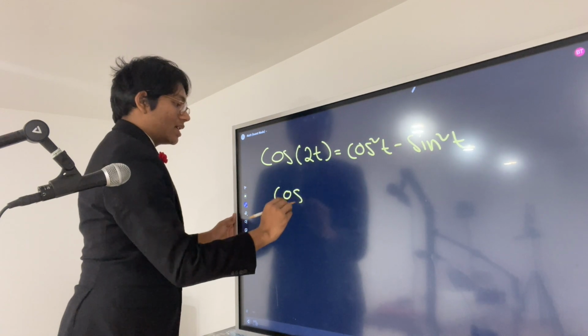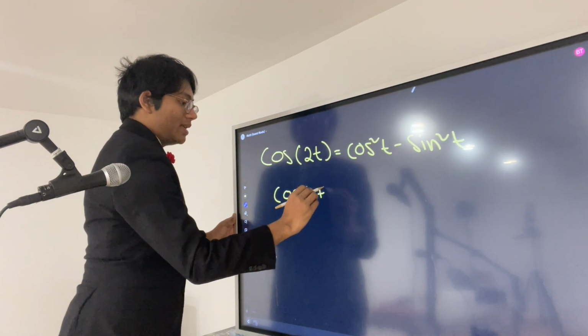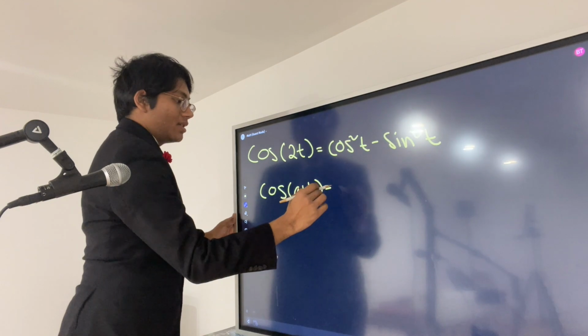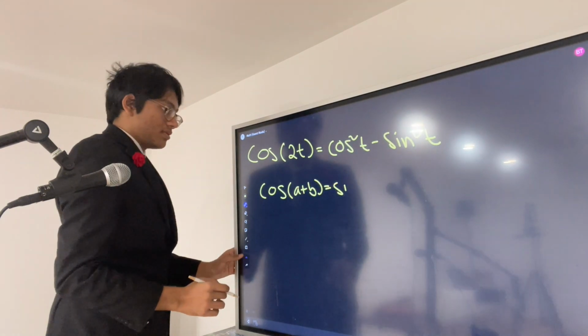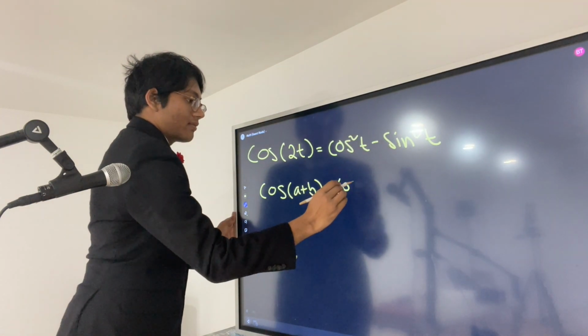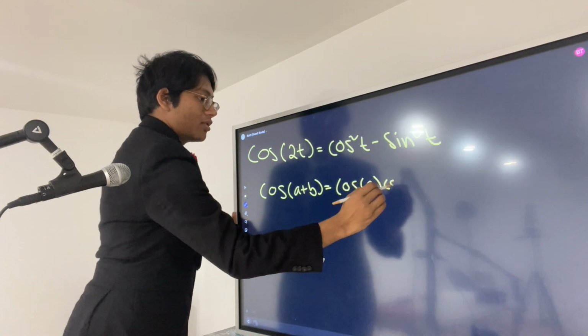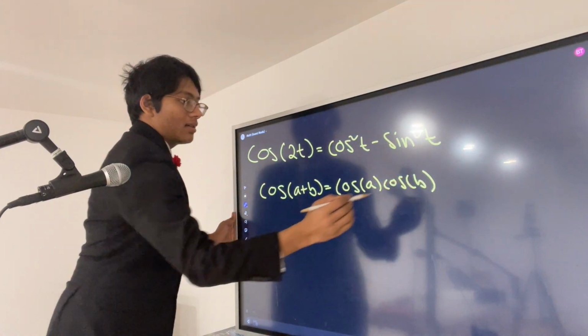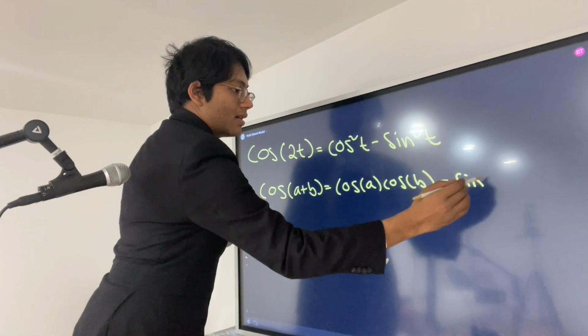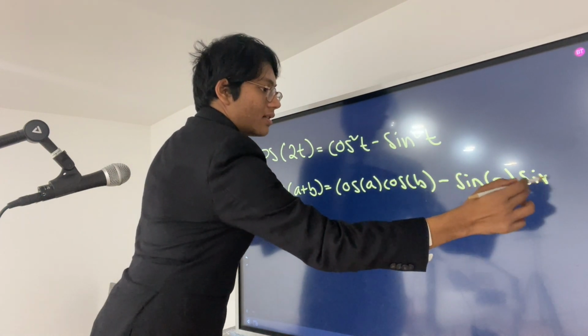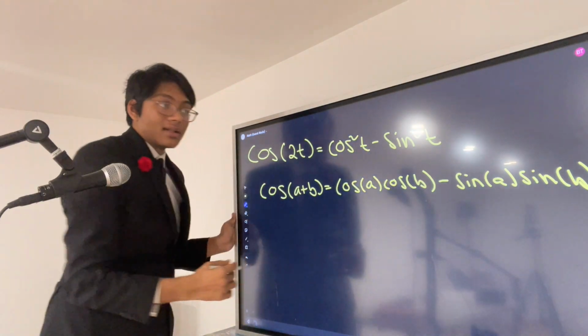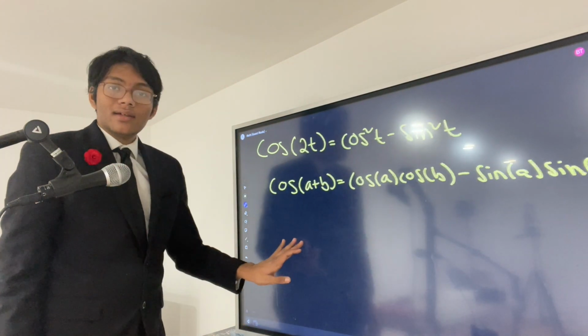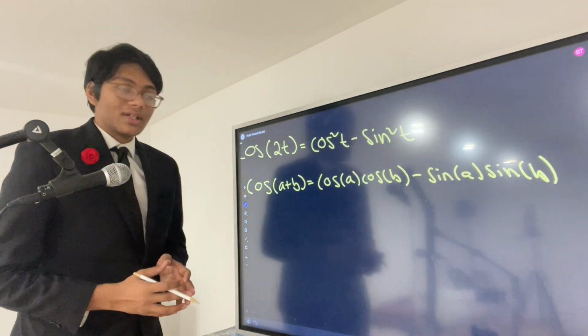Well, remember that cosine of a plus b is given as the following: cosine of a times cosine of b minus sine of a times sine of b. And correct me if I'm wrong, because I am the guy who always forgets trigonometric identities.